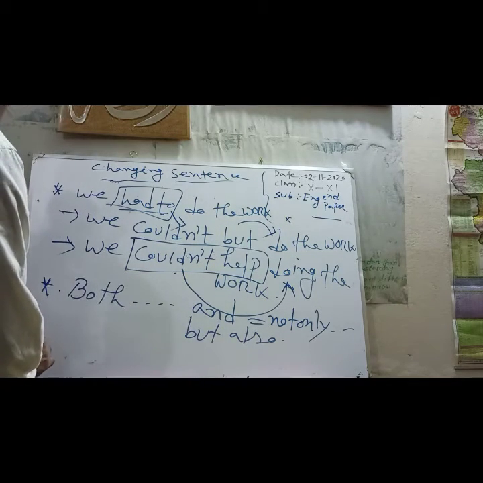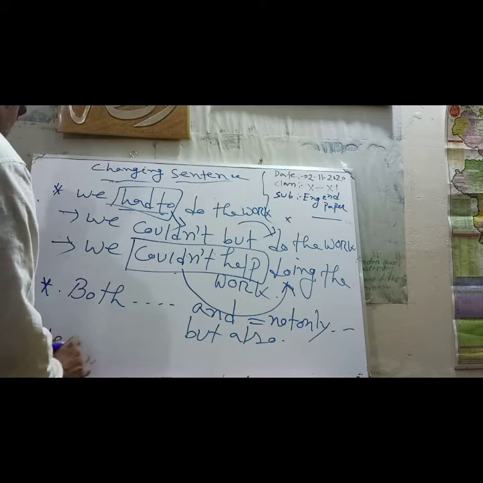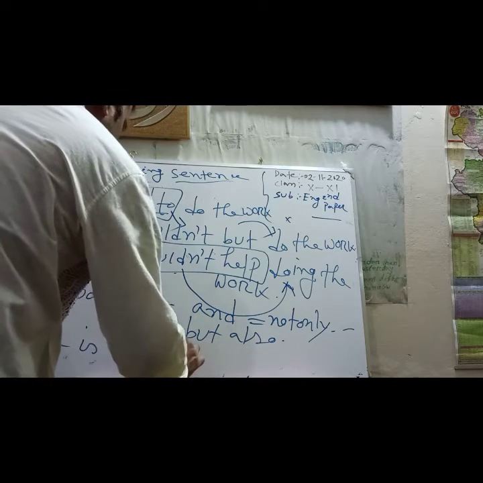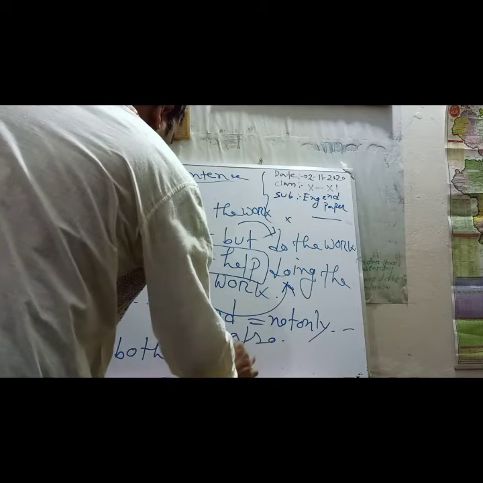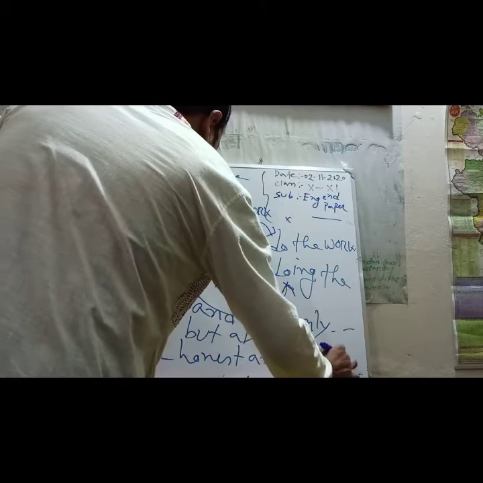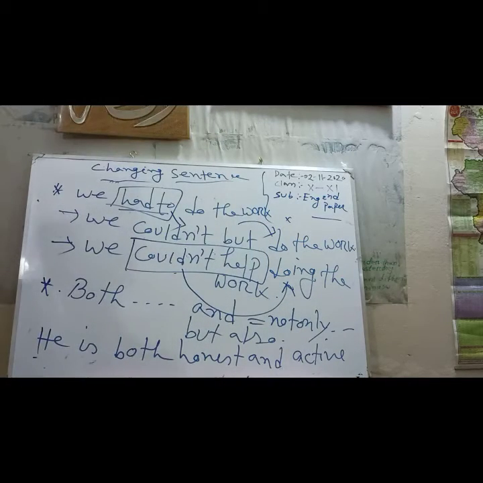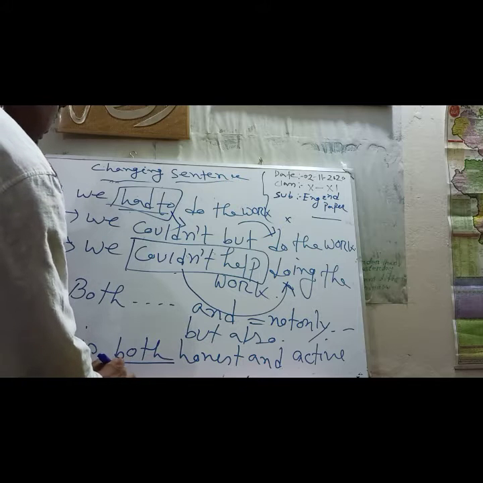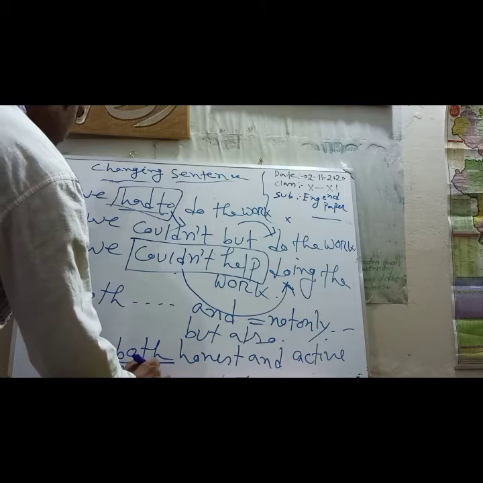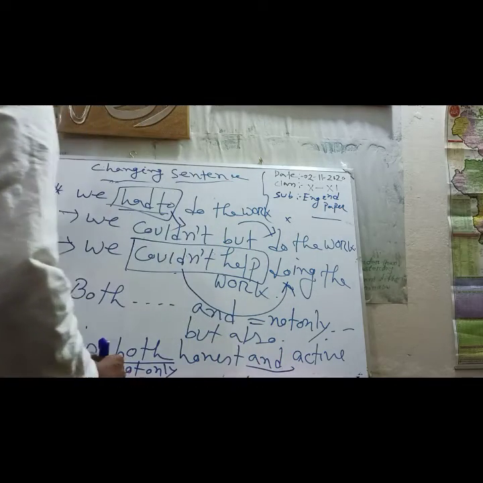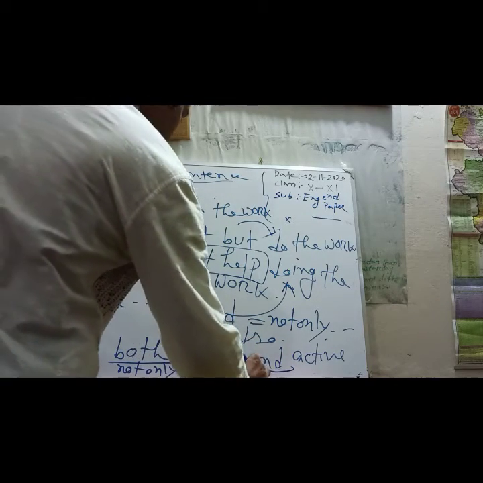Example: he is both honest and active. So instead of both, we use not only, and instead of and, we use but also.